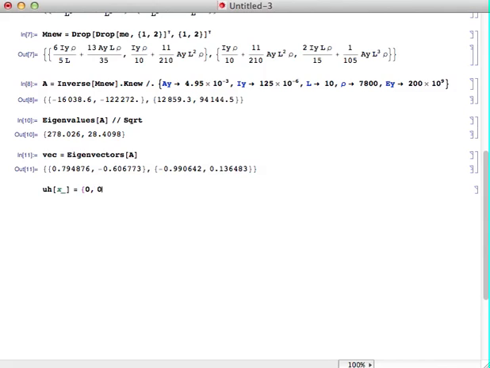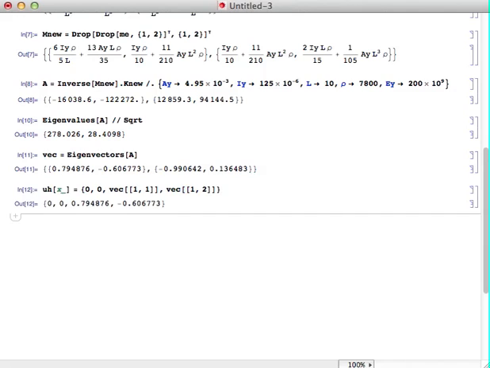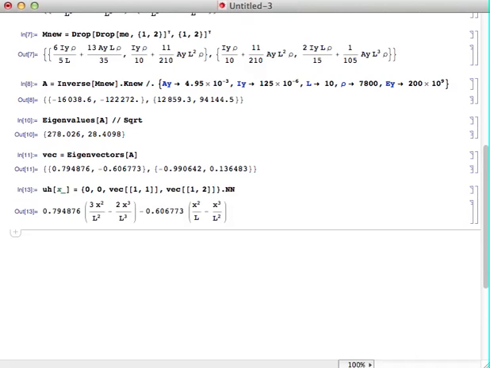So what we could do is something like, I'm going to say 0, 0, because we zeroed out the first two degrees of freedom. And then vec 1, 1, vec 1, 2. So just so you can see what that is, it's just that. And now I'm going to dot that into the shape functions.